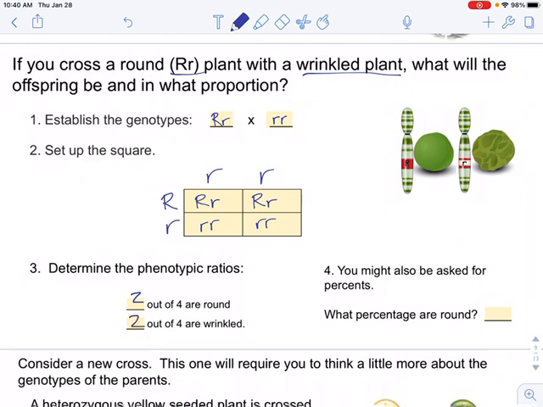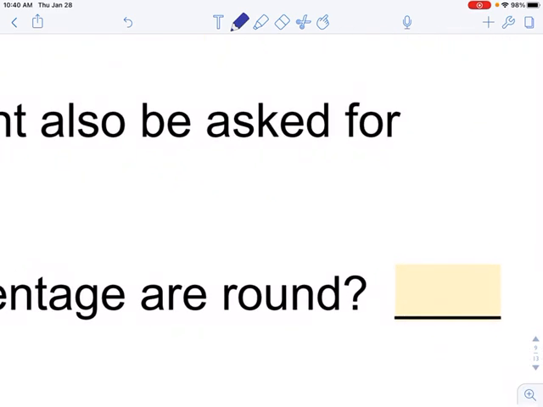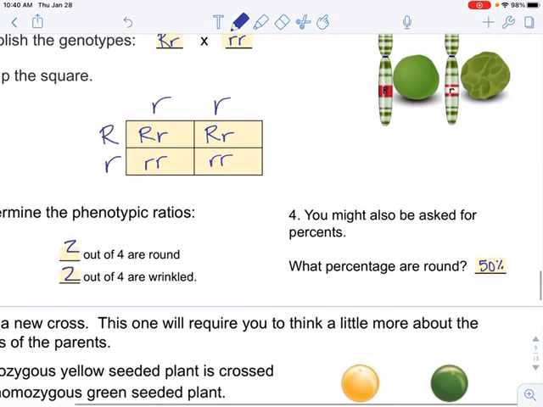Which means the other 2 that are little r would be wrinkled. We can also express these as percentages. So if I asked you what percentage are round, since we know that 2 out of 4 are round, you would divide 2 divided by 4, which would give you 0.5, and then you multiply that by 100%. So we would say that 50% are round.